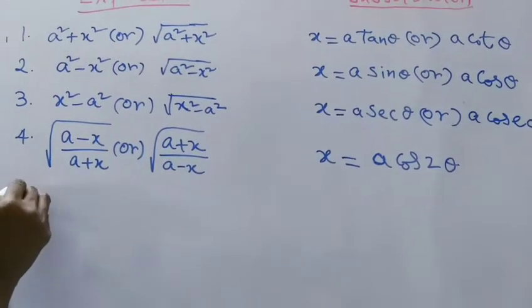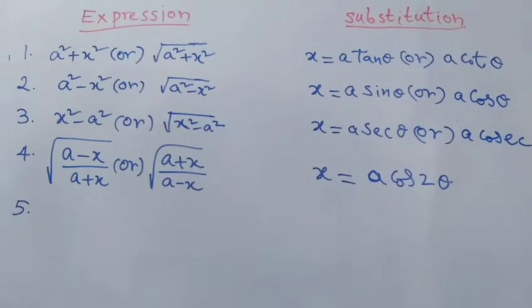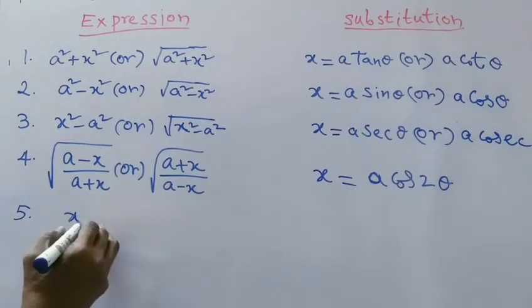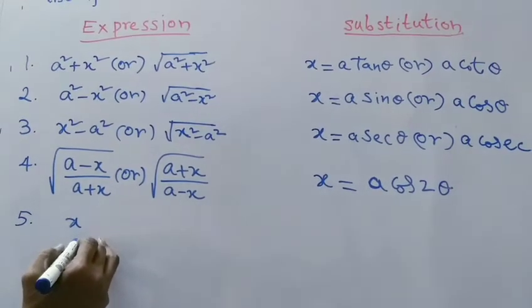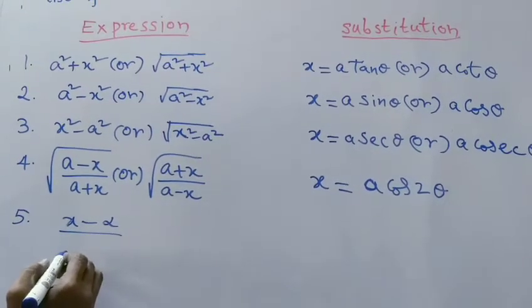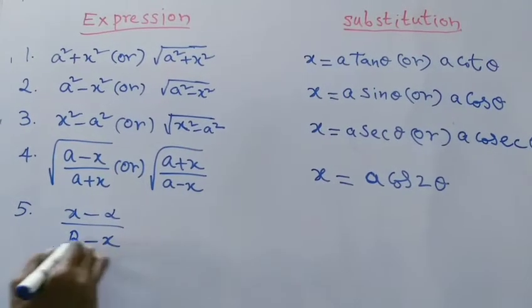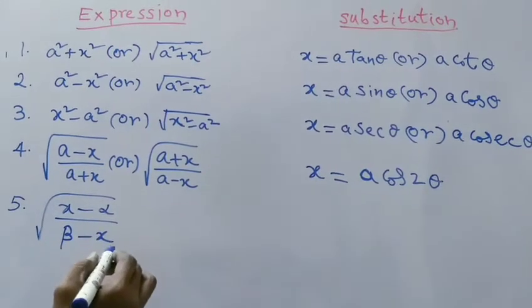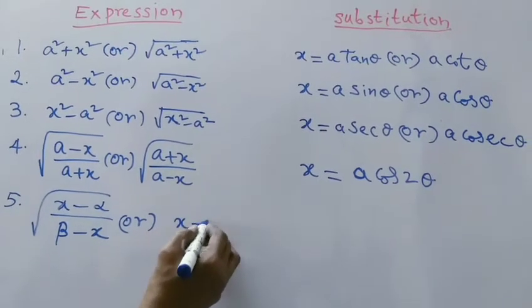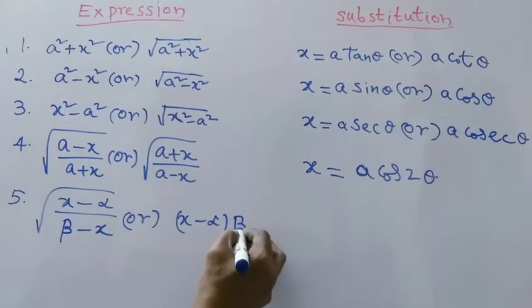And one more, the fifth one: under root of x minus alpha by beta minus x, or under root of x minus alpha into beta minus x.